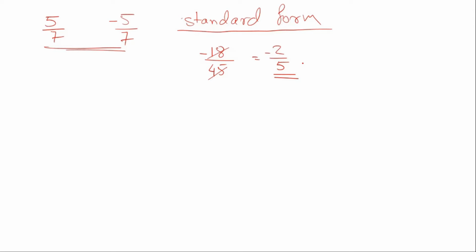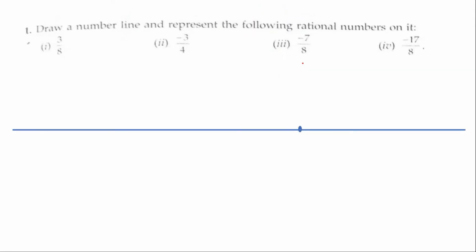Now let me explain this topic with the help of some examples. First, we will represent these rational numbers on the number line. This point I have taken as 0. For representing numbers on the number line, we have to make them equivalent.